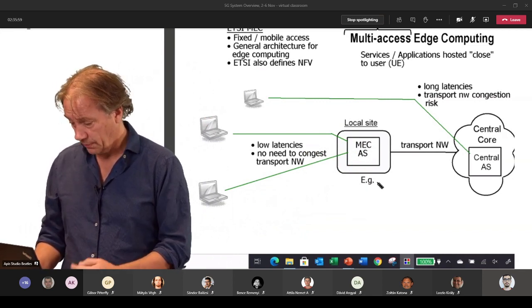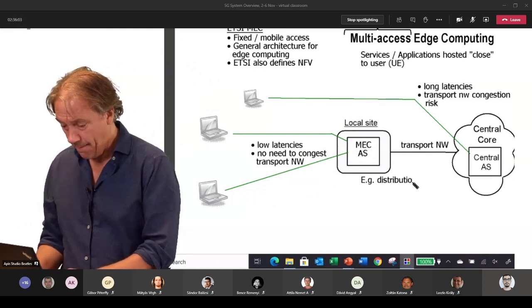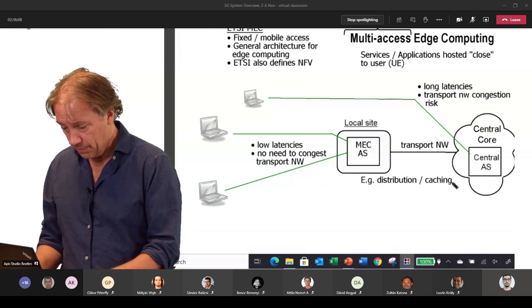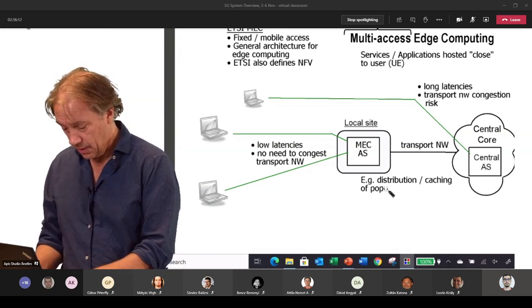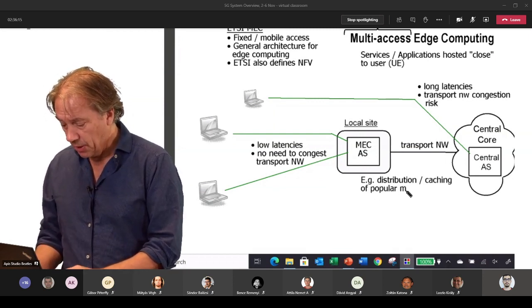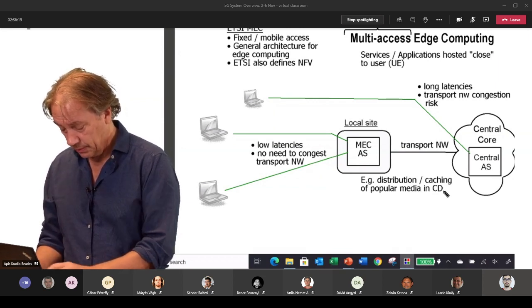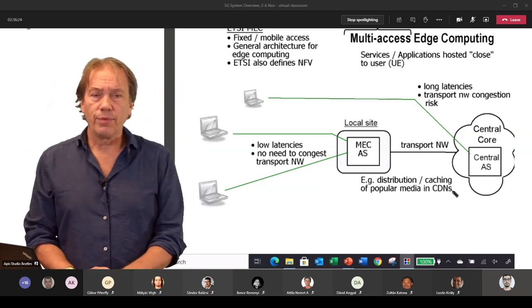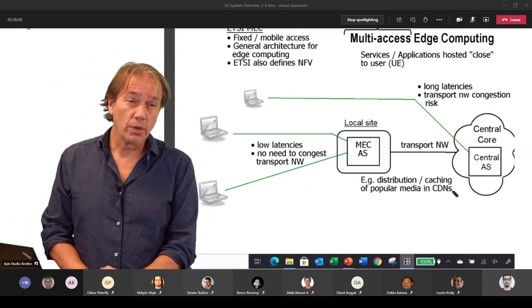For instance, for distribution, caching of some popular media in so-called CDNs, content... Is it content delivery networks or content distribution networks?